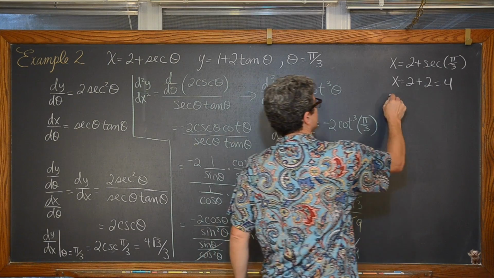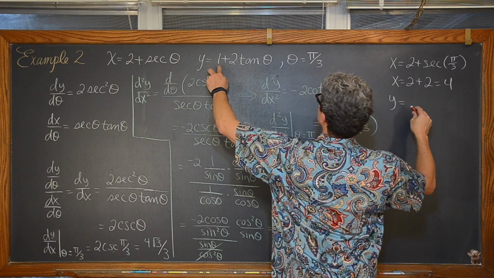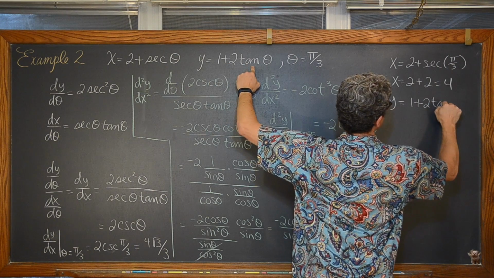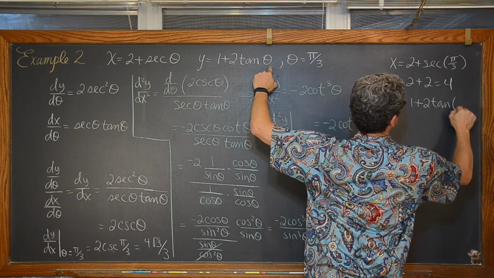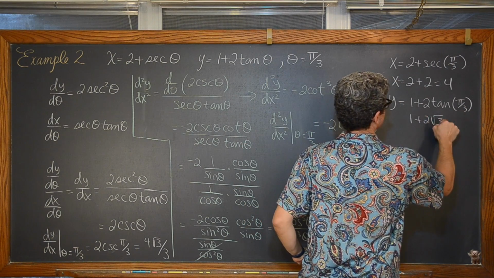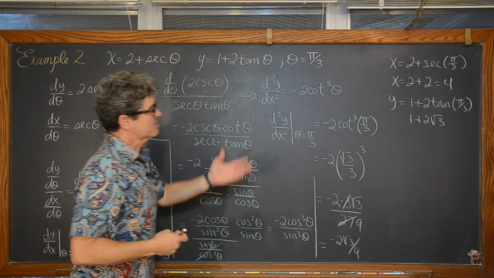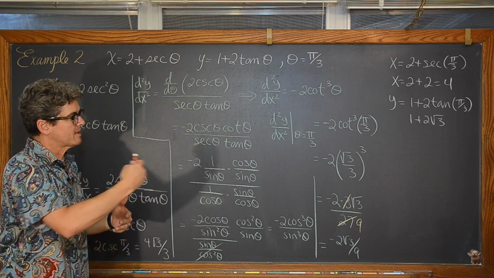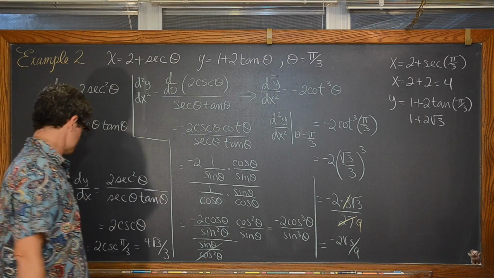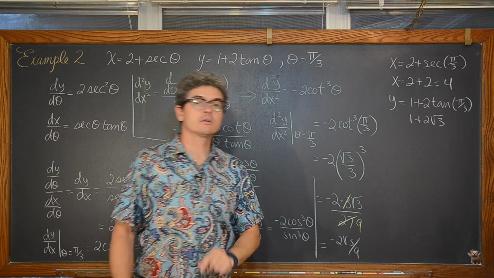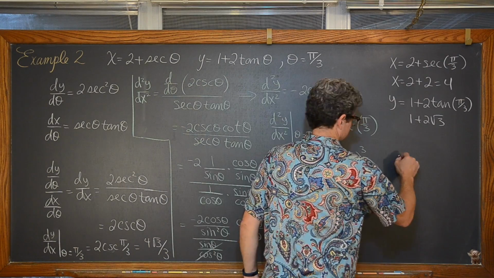The y is going to be 1 plus 2 times the tangent of pi over 3. That's going to be 1 plus 2 square root of 3. And so that's just the point. At that point on the curve, it is increasing and concave down.